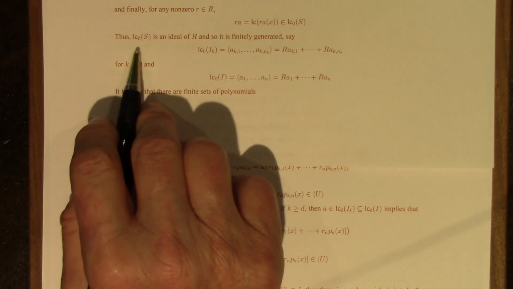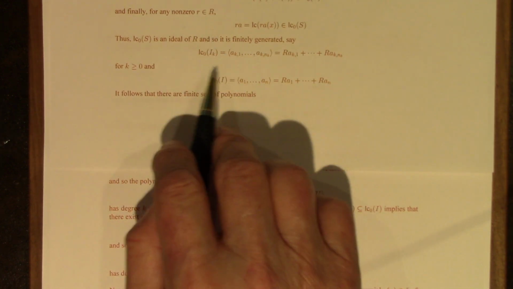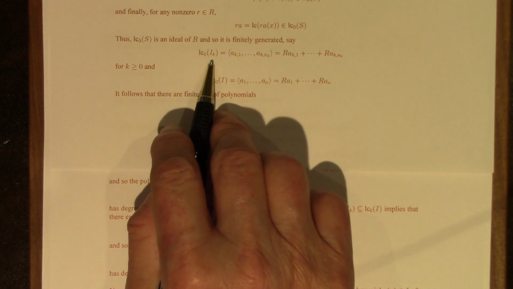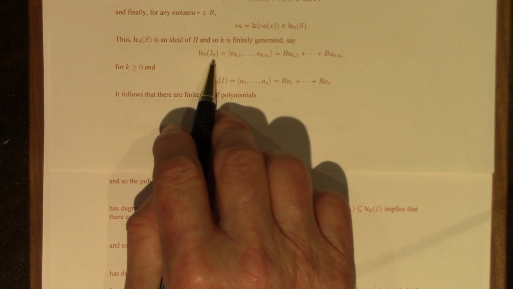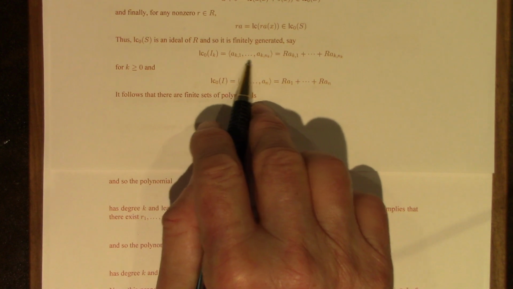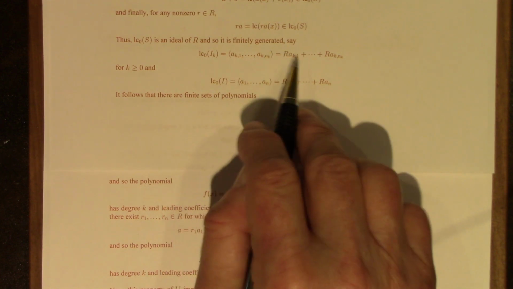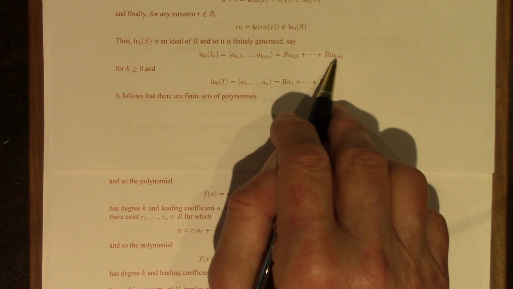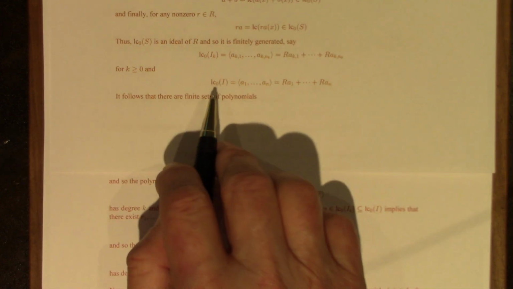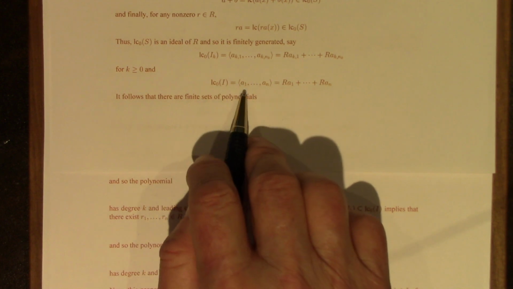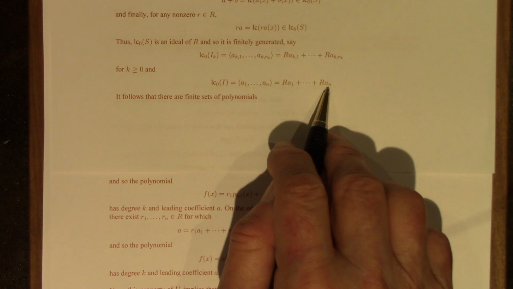So LC naught of S is an ideal, therefore it's finitely generated. So LC naught of I sub k, for given k, is generated by a finite set of elements. Also, LC naught of I is generated by a finite number of elements.